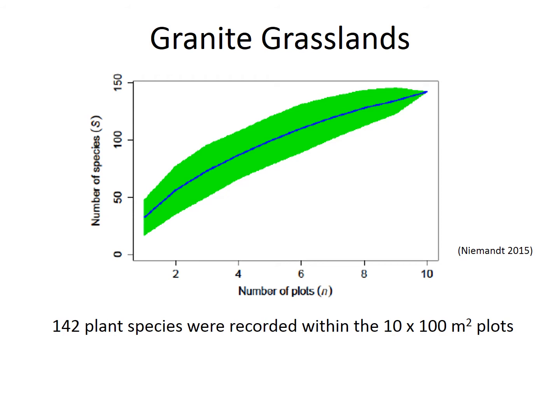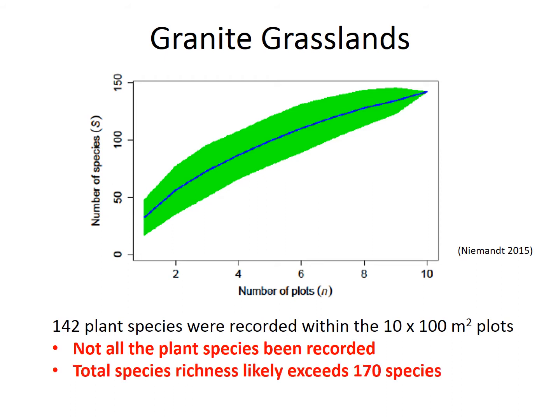And indeed, when we look at this species accumulation curve here in blue, we see that not all the plant species have been recorded because that curve hasn't asymptoted. In other words, it hasn't leveled off. When we look at the shape of this curve, and estimate at what level it will level off, we could estimate that there are somewhere more than 170 species occurring in these grasslands.